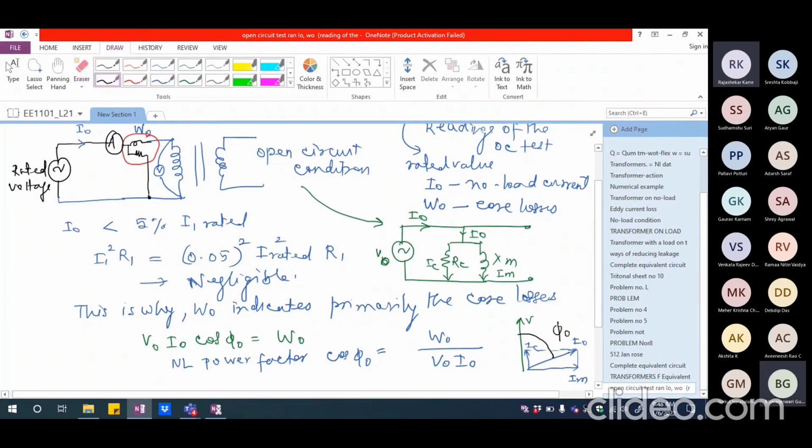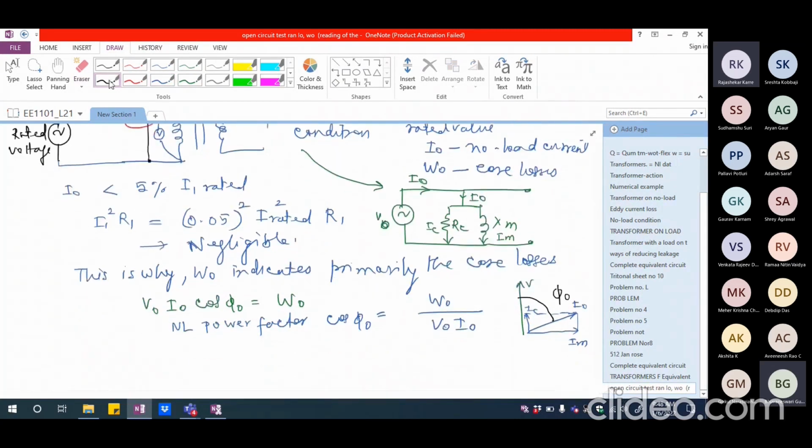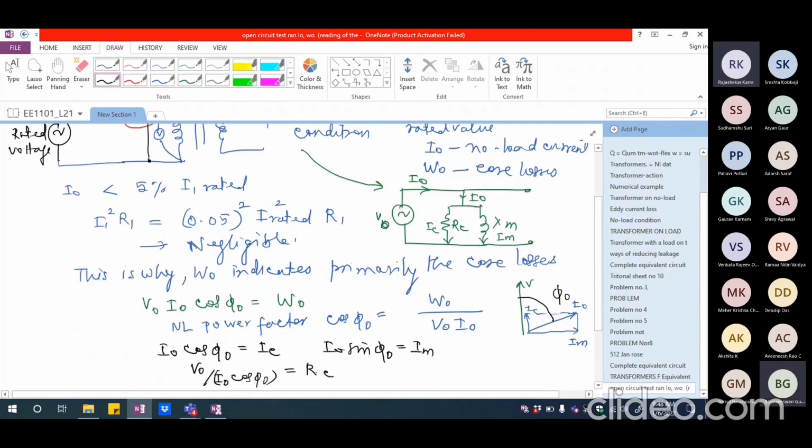So I can say I naught multiplied by cos phi naught will be IC, and I naught multiplied by sin phi naught will be IM. So I should be able to write V naught divided by IC, or I naught cos phi naught, is going to give me RC, which is the fictitious resistance equivalent to representing the core losses.